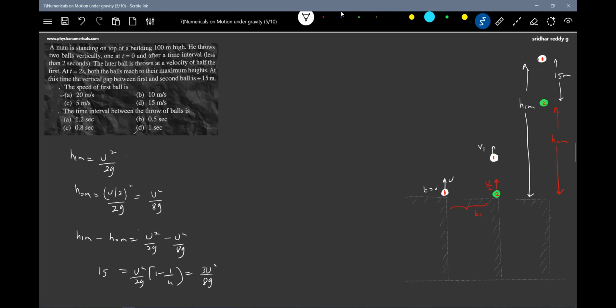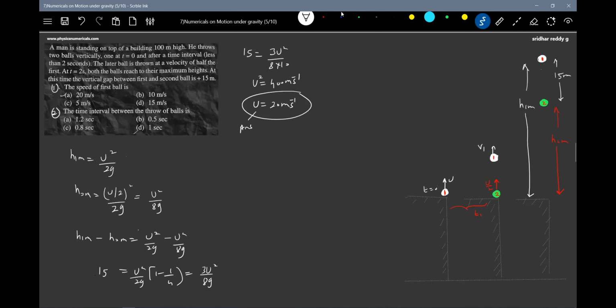Do we know U? We don't know that. We can find it out now. So this will be 15 is equal to 3U square by 8 into 10. Solving this, U square is 400 meter square per second square, U equal to 20 meter per second. The speed of the first ball, we got the answer.